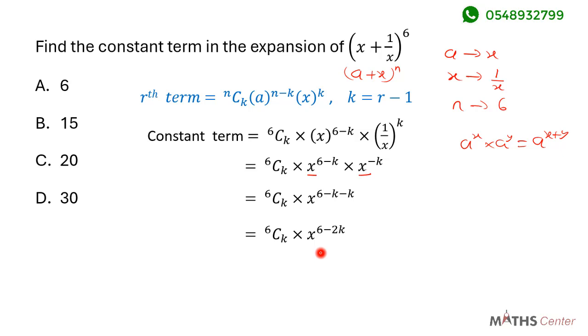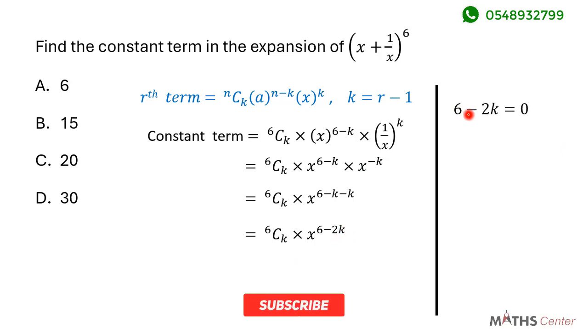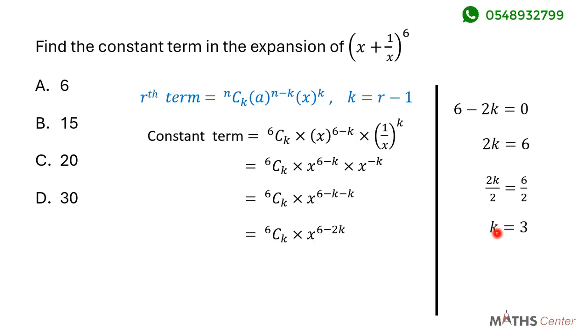So to get the constant term, we will have to equate 6 minus 2k to 0. 6 minus 2k is equal to 0. 2k will be equal to 6. To get k, we will divide both sides by 2. So k will be equal to 3. So it means that for the constant term, k is equal to 3.